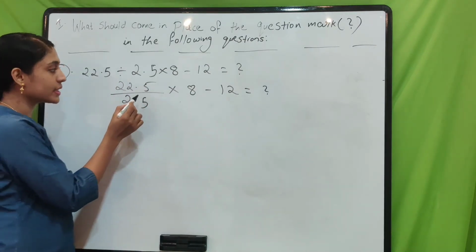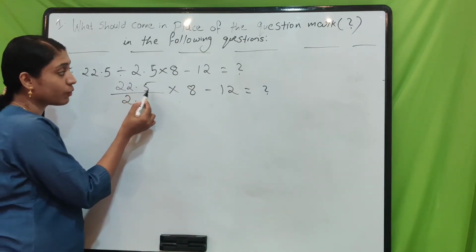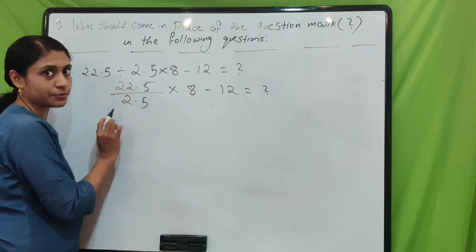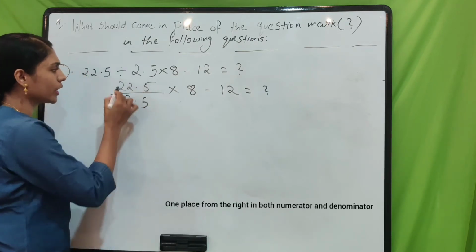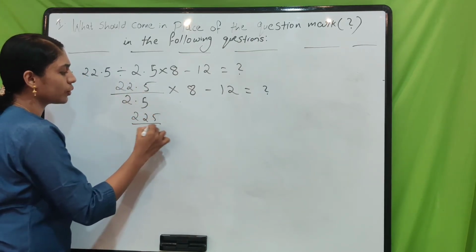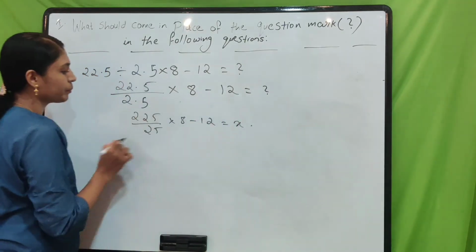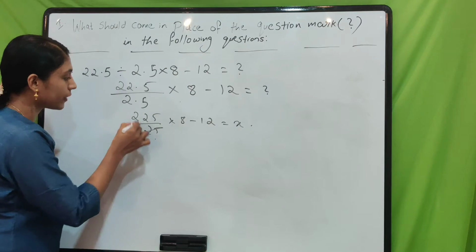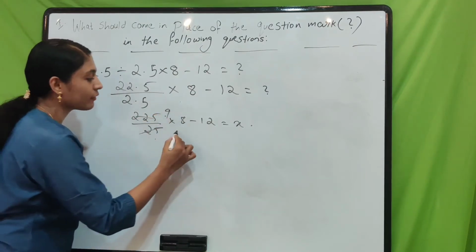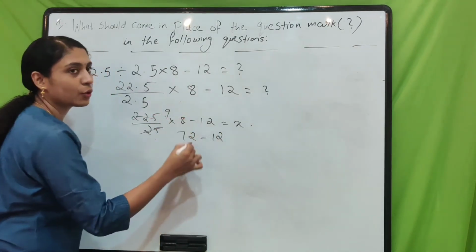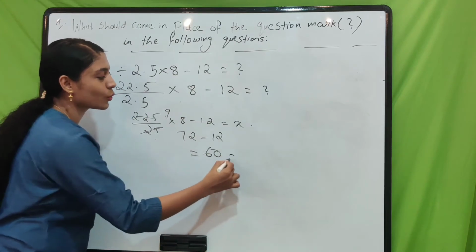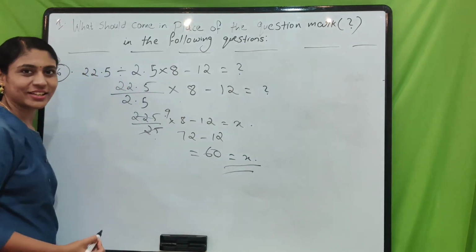And here, the decimal point has only one place from the left in both numerator and denominator. So you can write this as 225 by 25, right? So into 8 minus 12 equal to question mark, let it be x. So 25 into 9 is 225, and this 9 into 8 is 72, and 72 minus 12 we know the value, 60. So x is 60, right?